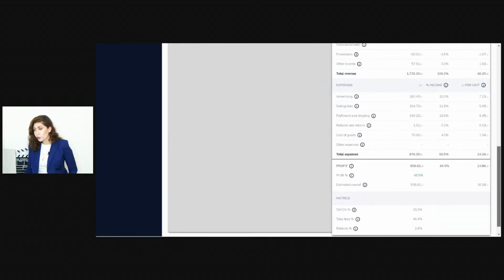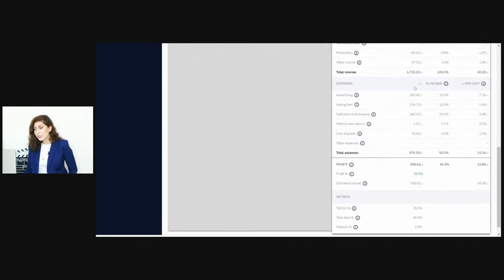So for the past 30 days, as an example, we spent 260 dirhams on advertising, which is 15% of the expenses. However, the selling fees were 204. The fulfillment and shipping fees were 340 at 19%, which is kind of high.